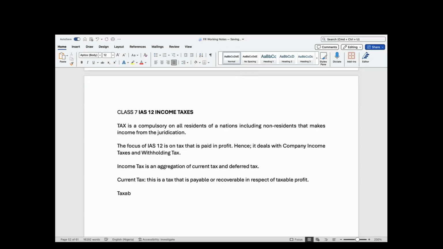Again, just to fulfill and erase any technicality, let's look at what taxable profit is. This is a profit that is determined using the tax law enacted or substantively enacted in the jurisdiction.